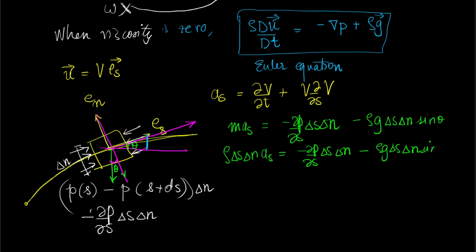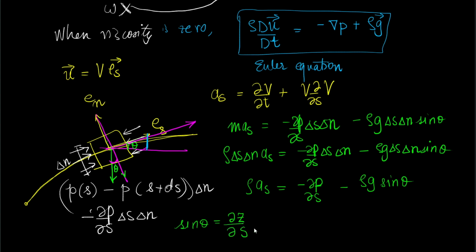Okay, let us keep it like sine theta. Let us divide everything by delta S and delta N. So it becomes rho a_s is equal to minus del P del S minus rho g sine of theta, where sine theta will be the rate of change of height of the streamline locally per increase in the streamwise coordinate.